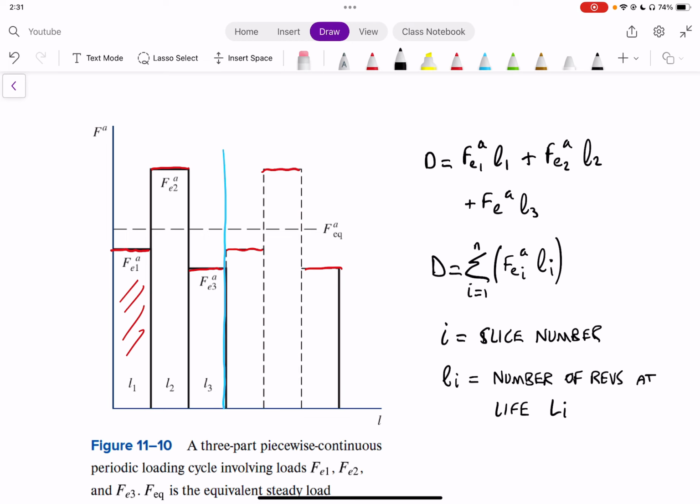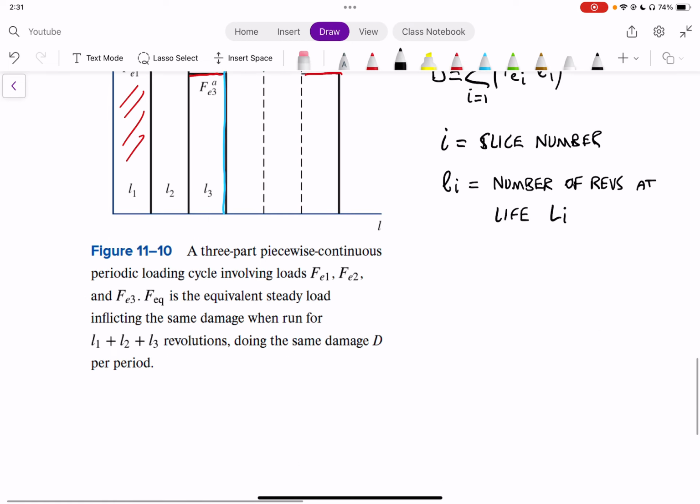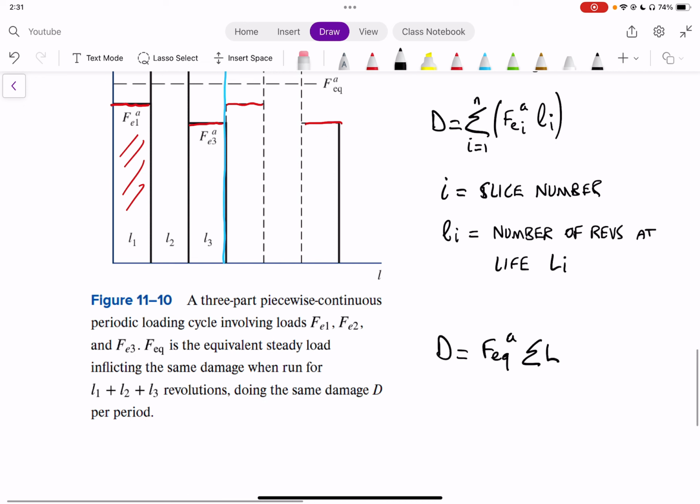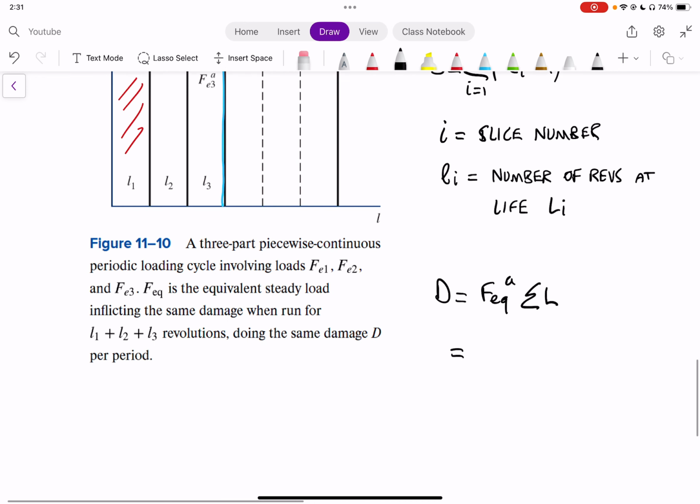But so what we can say is, based on this, we also know that our damage is going to be equal to the following equation: Feq to the power of A times the sum of life, okay? Where the sum of life is going to be equal to L1 plus L2 plus L3 in our case.